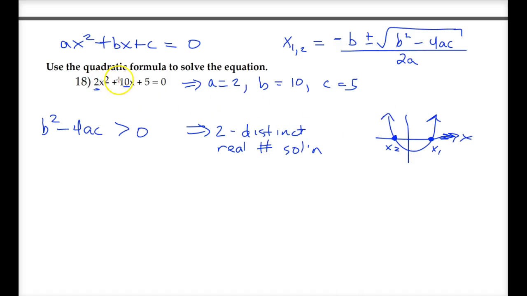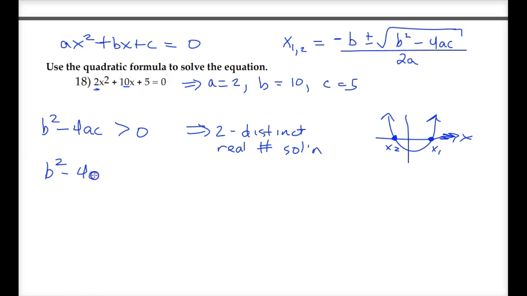All quadratic equations model quadratic functions, which look like u's or parabolas. When b squared minus 4ac is greater than 0, that graph crosses the x-axis at exactly two places.